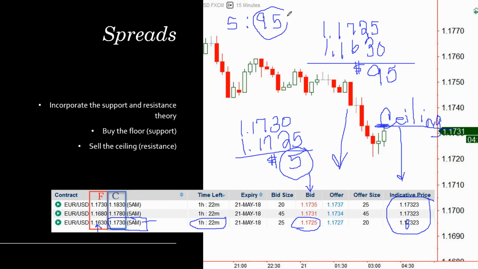Then you would have made the full $95 profit potential. What if this number was 1.1720 even? Then you would have made $5 in profit. Does everybody understand that? Any questions on this concept?